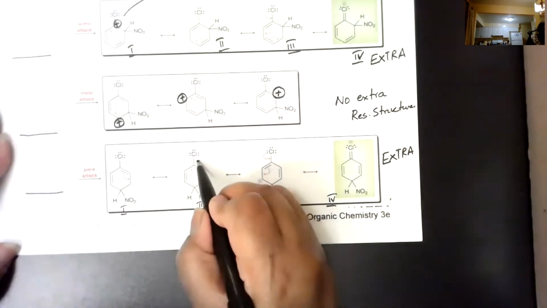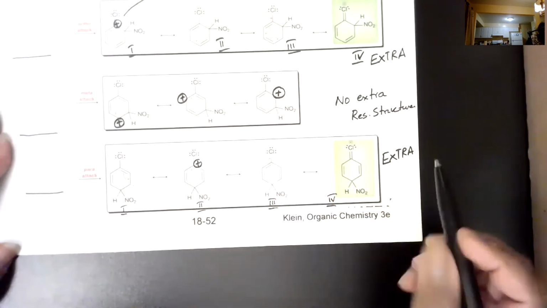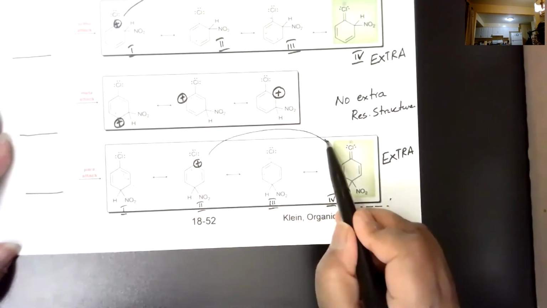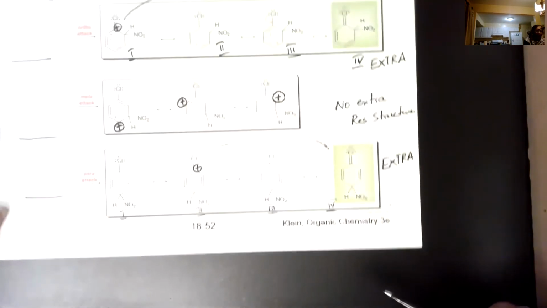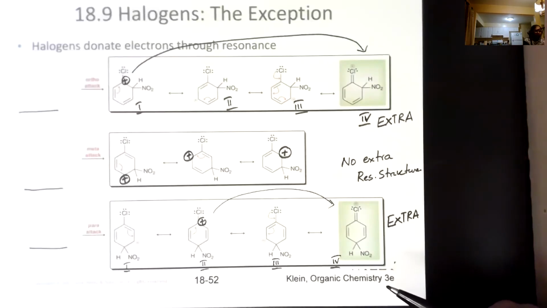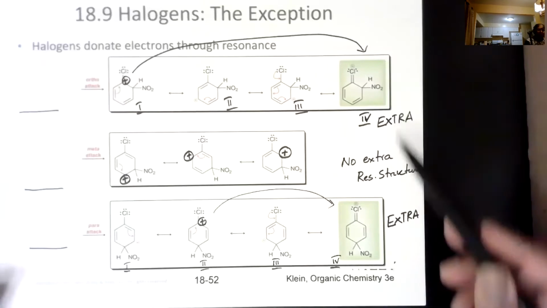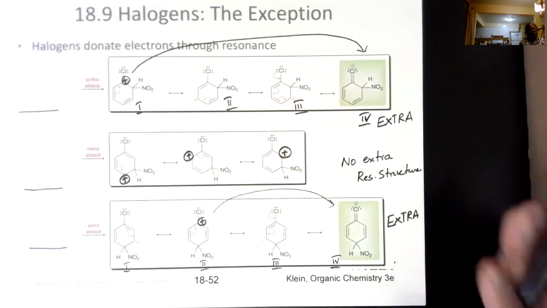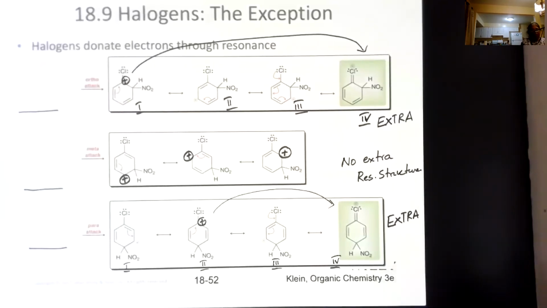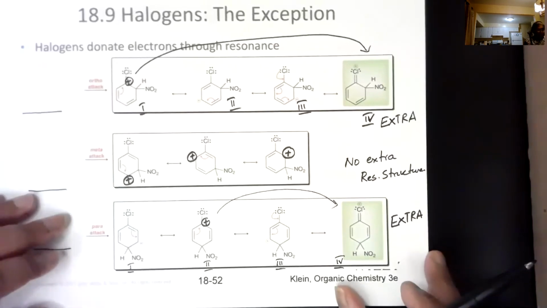It's because the positive charge is adjacent. Okay, so here you'll go from 2 to 4. So now it makes sense as to why the halogen is an ortho-para directing group. Okay, so you should be able to explain why something is an ortho-para director using resonance structures. Okay.